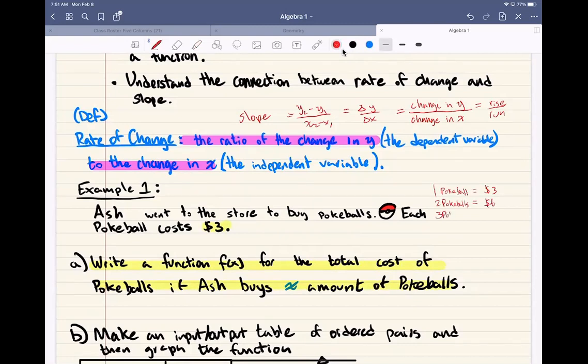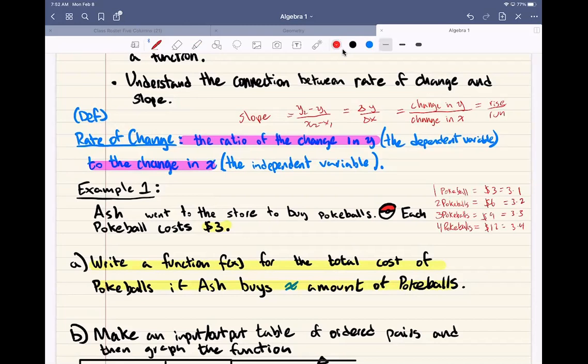Three Pokeballs is the same thing as $9. So how do we get these numbers? Well, it's really easy. It's 3 times 1, 3 times 2, 3 times 3. And if I want to know how much 4 Pokeballs cost, that's going to be 12. How do we get that 12? It's going to be 3 times 4, right?